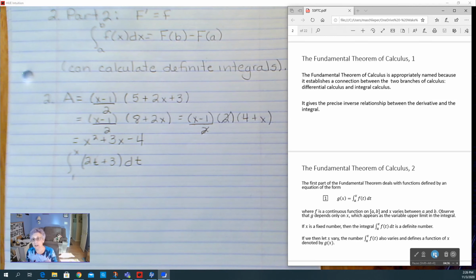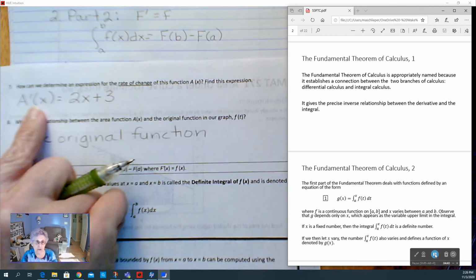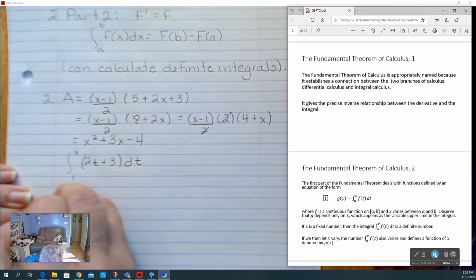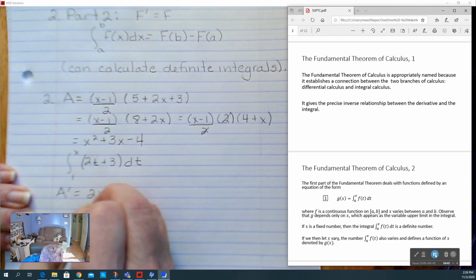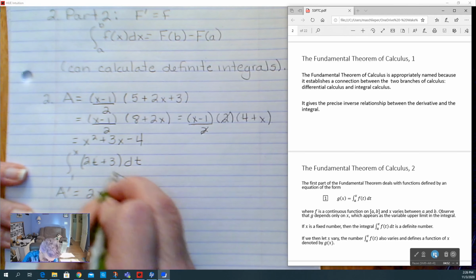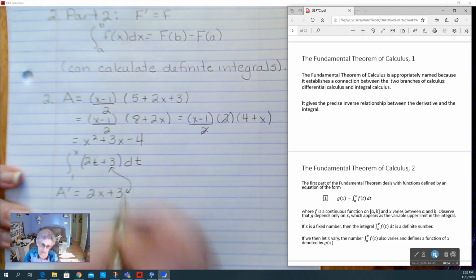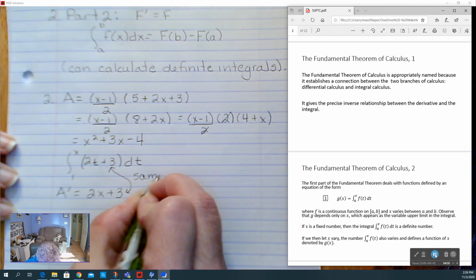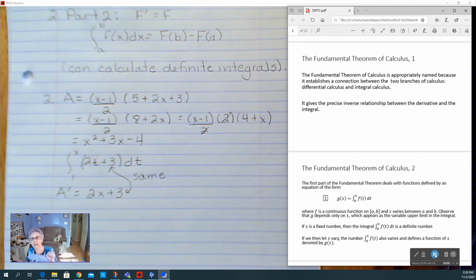Now, what do I get if I take the derivative of that? That was your question on the back there. So the derivative of my area function would be 2x plus 3. Look. Those are exactly the same. Differentiation and integration undo one another.